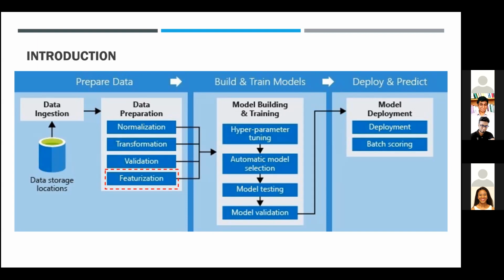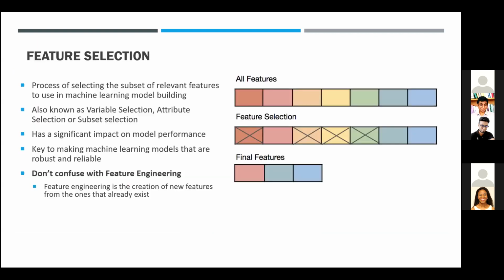Without having first principles knowledge of a system, you could use them to select the best set of features that are representative for a particular output that you're trying to model. So just to go deeper, what is feature selection? It is a process of selecting a subset of relevant features to use in machine learning model building.